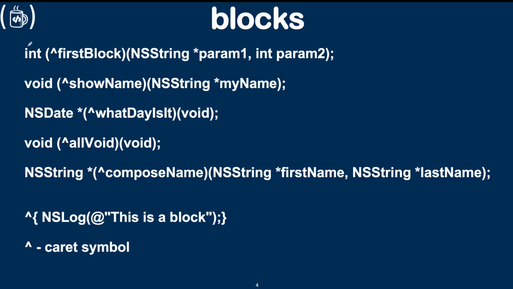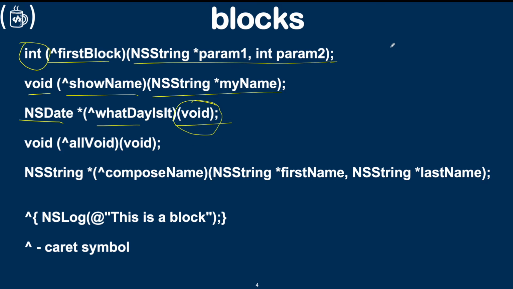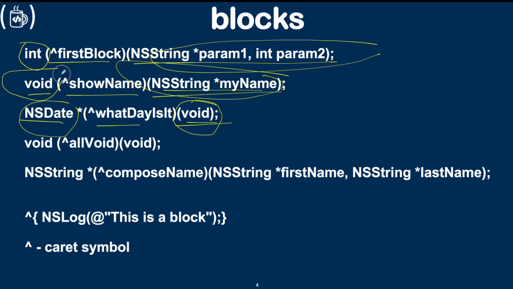Okay, return type, name and parameter. Return type, name, parameter. Same: return type, name, parameter. Here the parameter is void. Here the parameters are string and integer. Here the parameter is string, meaning single parameter, double parameter, and no parameter means void. Or here the return type is NSDate. Here the return type is void, meaning no return. And here the return type is integer.